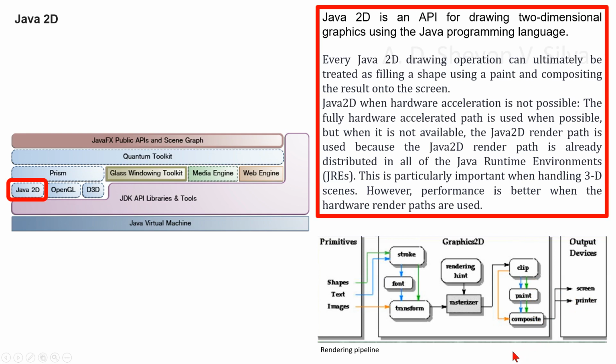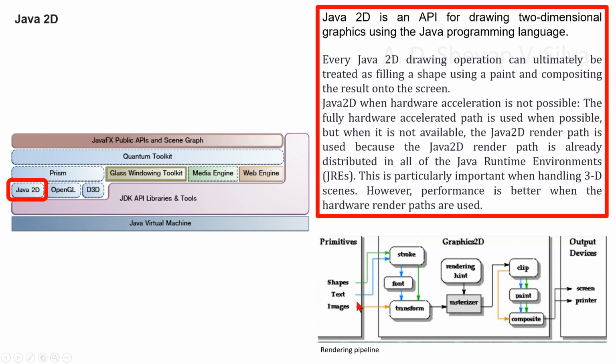In text, the text is connected to stroke, stroke is connected to font, and font is connected to transform, transform is connected to rasterizer, rendering hint is connected to rasterizer, rasterizer is connected to clip, clip is connected to paint, paint is connected to composite, and composite is connected to screen and printer.